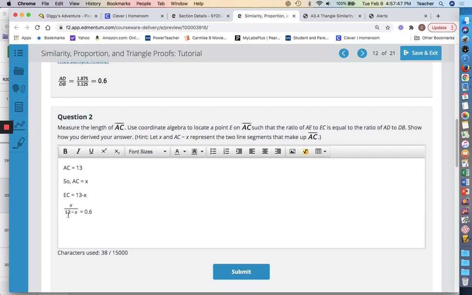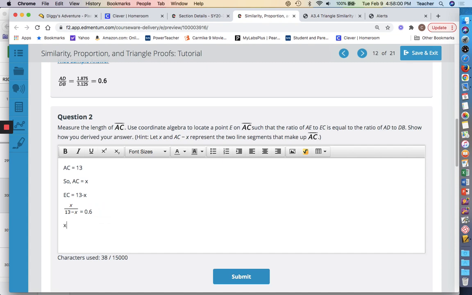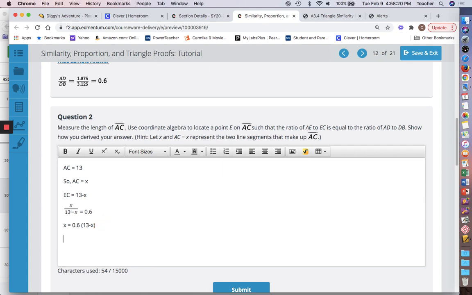I'm gonna have to do the opposite of dividing by 13 minus X, and that's to multiply by 13 minus X. All right, so it's going to be X equals 0.6 times 13 minus X. It will cross off on the left side and then multiply over here, which means I've got to do the distributive property.